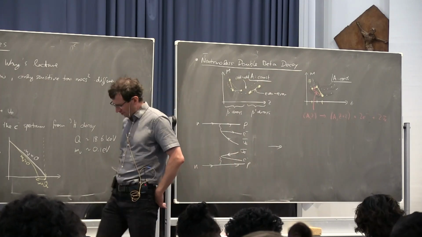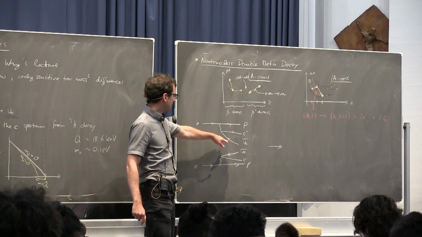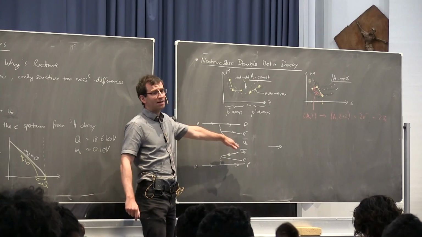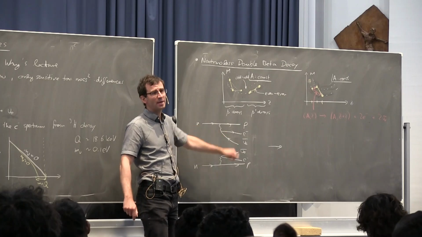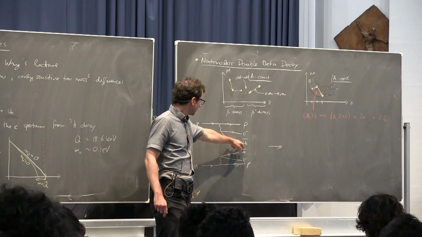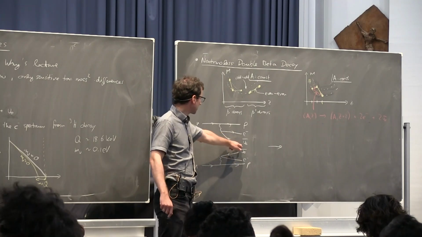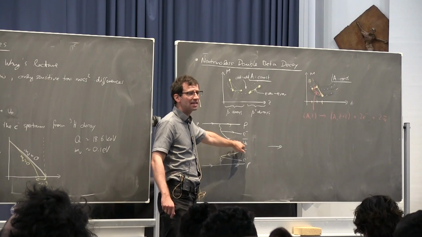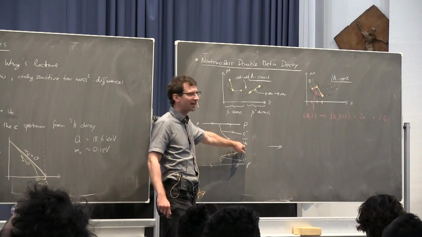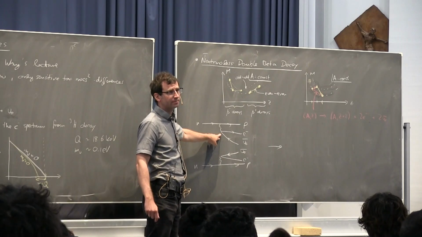Now, if you remember your first lecture on QFT, you've heard at some point that in a Feynman diagram, you can replace an outgoing antiparticle with an incoming particle. So what I can do is, if I had a source of electron neutrinos, I could, in principle, instead of having this in the final state, put an electron neutrino in the initial state.